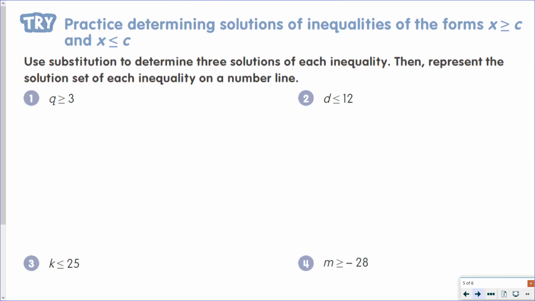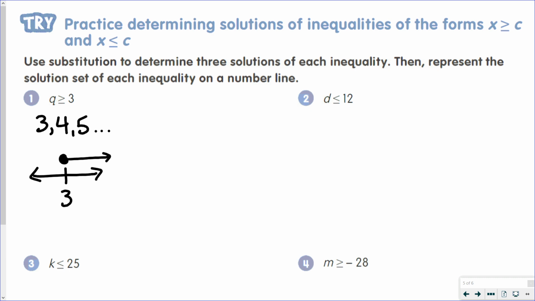So use substitution to determine 3 solutions of each inequality, then represent the solution set of each inequality on a number line. So for number 1, if Q is greater than or equal to 3, we could use 3 and anything higher than 3. So we draw our number line, we put a 3 on it, we do our closed circle or shaded circle, however you want to refer to it, and we go to the right.